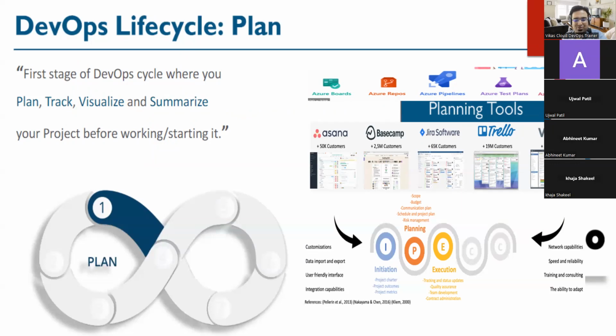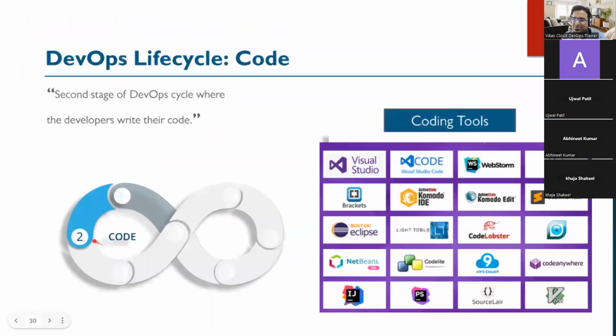Okay. Cool. The second phase will come, that is coding. In coding, there are so many tools available in the market where developers write the code. This is called an IDE. Can anyone tell me the full form of IDE?